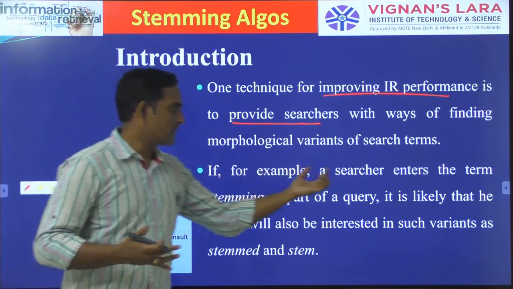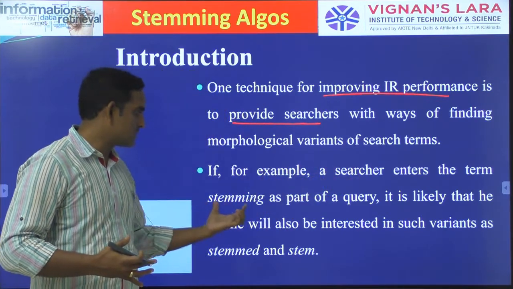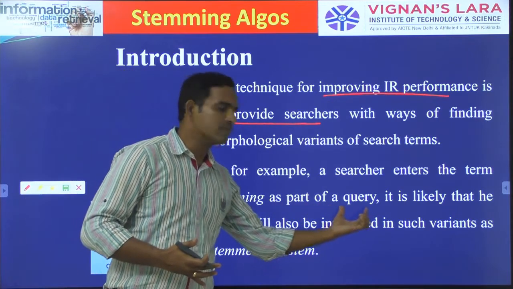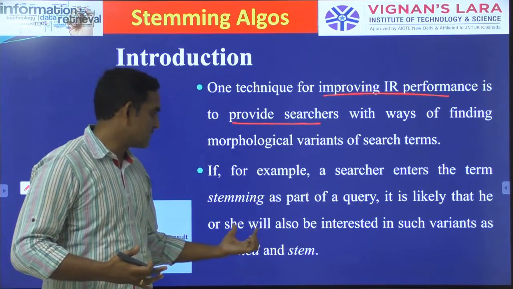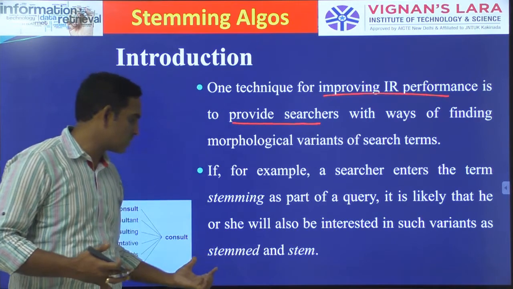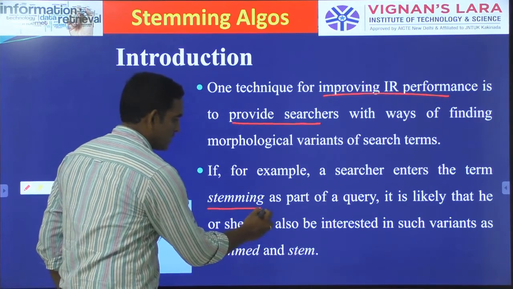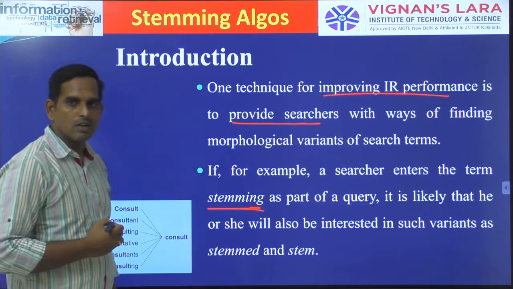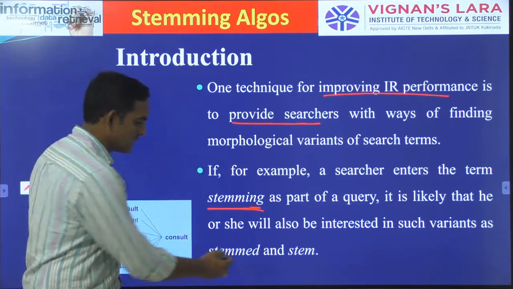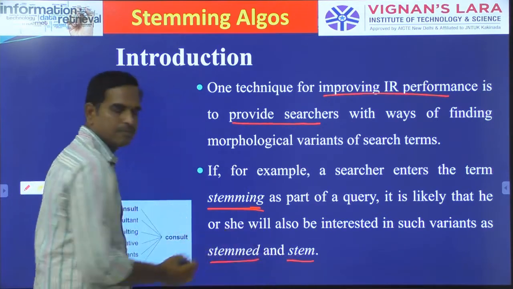For example, if a searcher enters the word stemming as part of the query, it is likely that he or she will also be interested in variants like stemmed and stem.